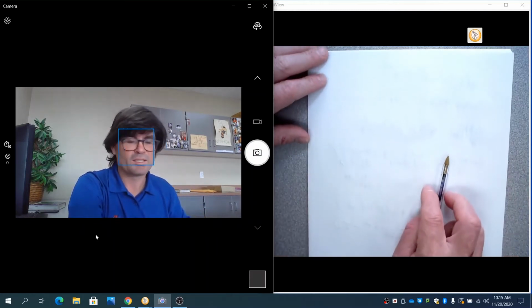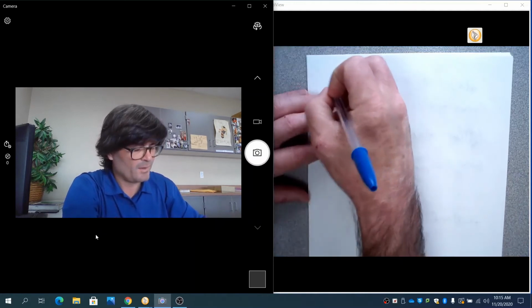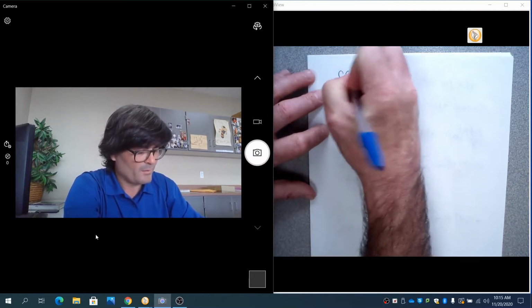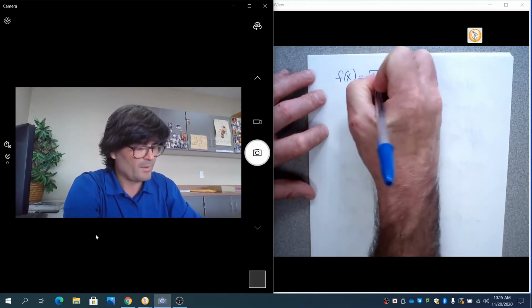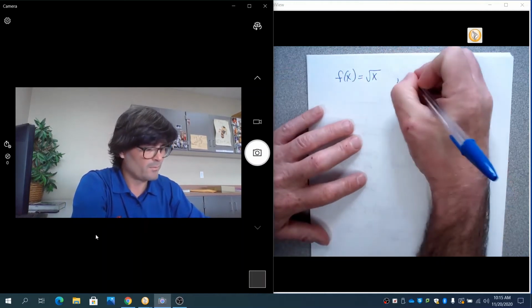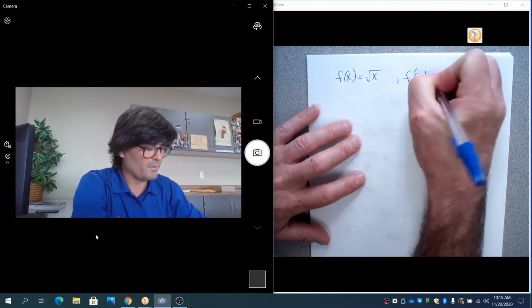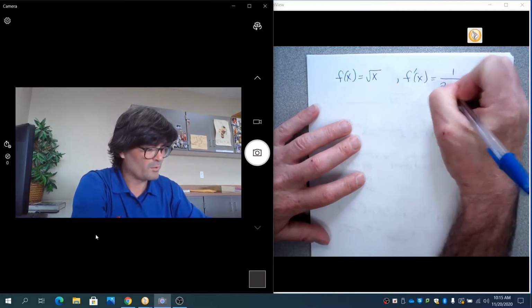So this time we're going to approximate f of 26. And let me just write down what we saw a minute ago. That was my function. My derivative is 1 over 2 roots of x.